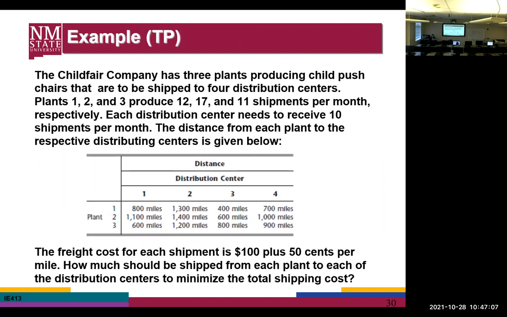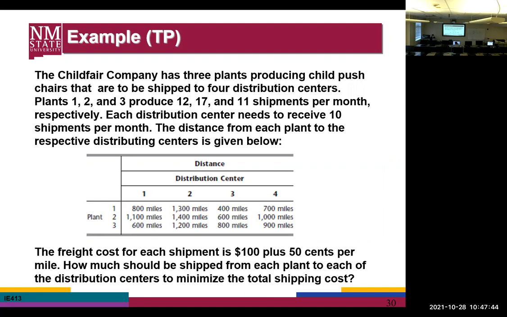Okay, so why don't we take an example? I got this example from our textbook. The Child Fair company has 3 plants producing child pushchairs that are to be shipped to 4 distribution centers. Plants 1 to 3 produce 12, 17, and 11 shipments per month, respectively. And each distribution center needs to receive 10 shipments per month.